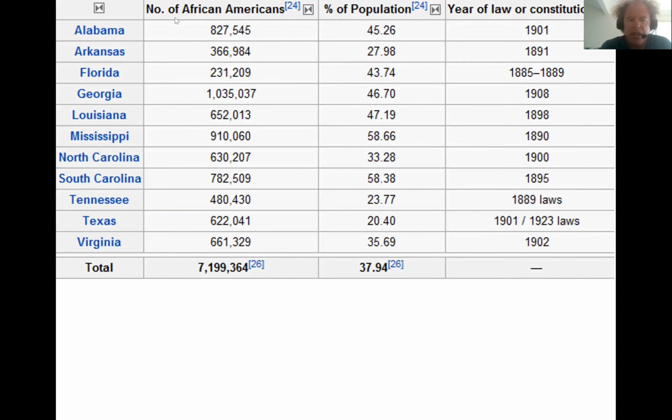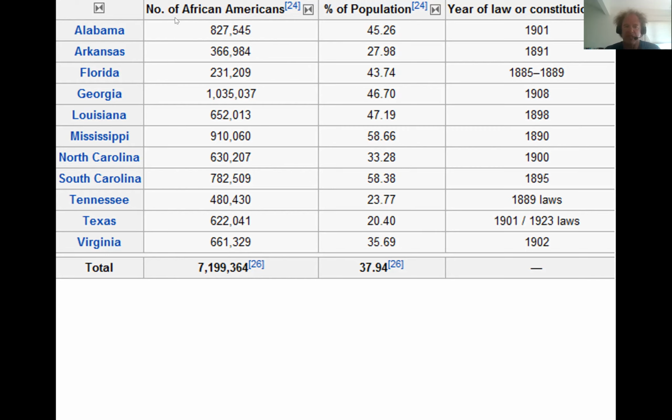Let's go back to the chart here. This shows the number of African Americans in each of these states as Jim Crow was initiated. And you have to keep in mind a couple of things here. First, the 15th Amendment said that states could not explicitly impose racial restrictions. So a state that passed a law saying all Black people cannot vote in our state, or all mixed race people cannot vote in our state, that would have been unconstitutional even by the Supreme Court that we were looking at in the snippets this week, which is this very, very conservative court.